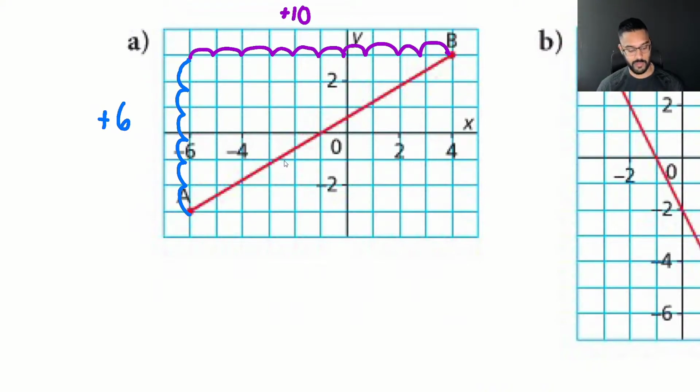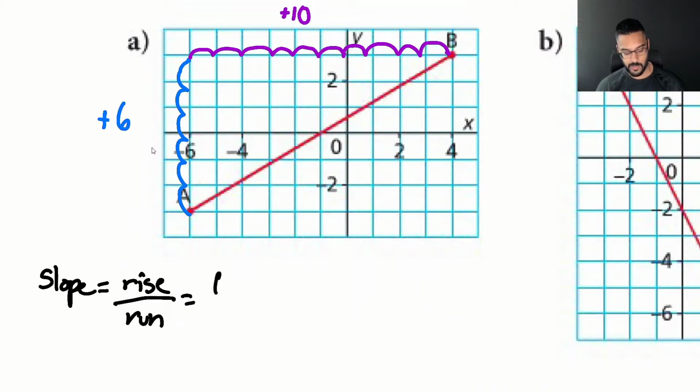Okay, so the slope of this line is equal to the value of the rise divided by its run. So that's going to be 6 over 10. And we're going to reduce that slope into lowest form whenever we can. So this is going to be 3 over 5 as a slope. Could be fractional, that's okay.